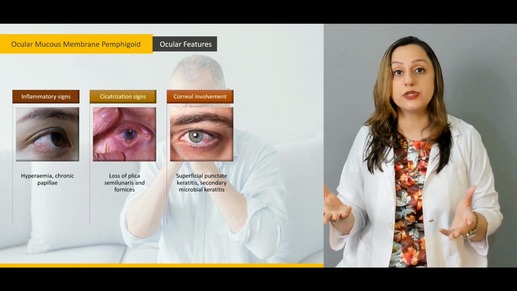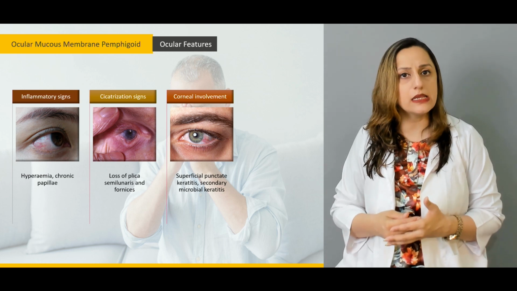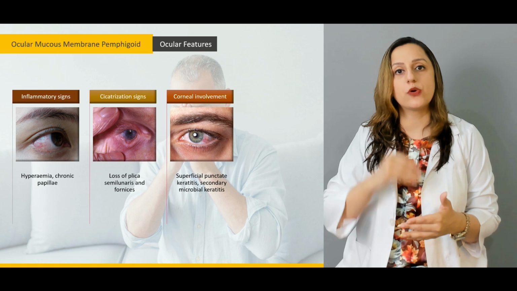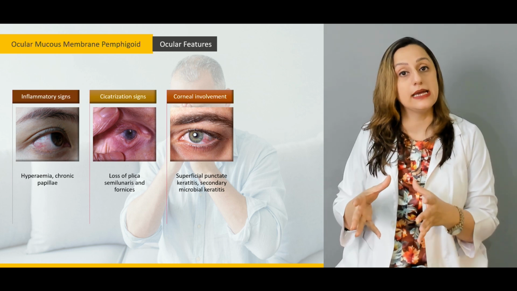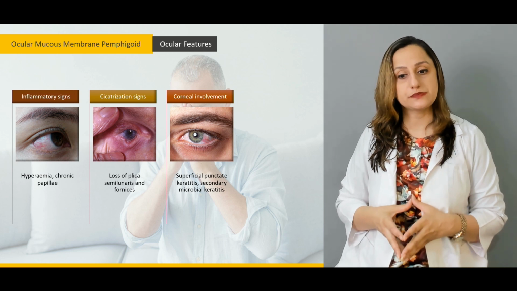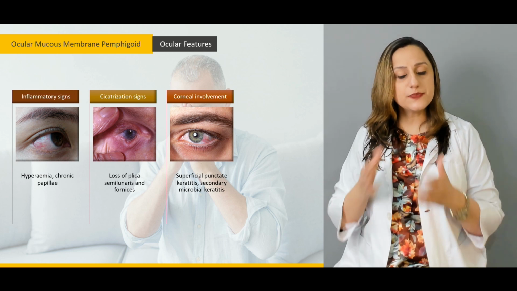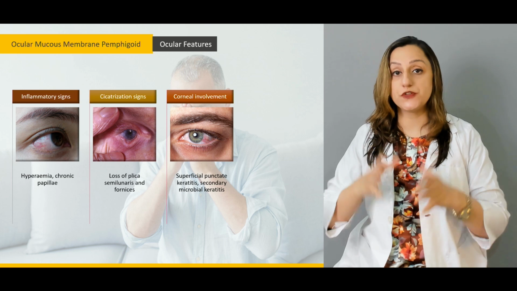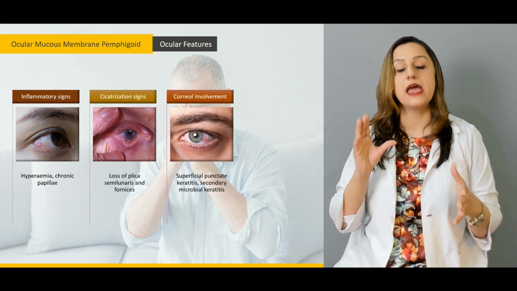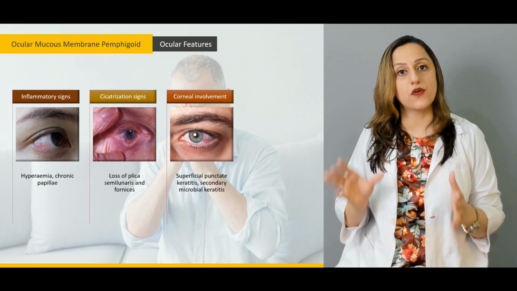So it would be included in the presenting complaints, and we can say that in this particular individual we have pemphigoid vulgaris, and alongside we have the corneal involvement as the complication. These patients usually suffer from superficial punctate keratitis. Keratitis is the infectious state of the cornea.